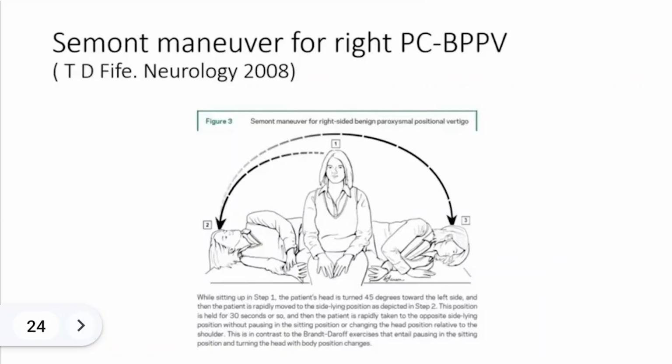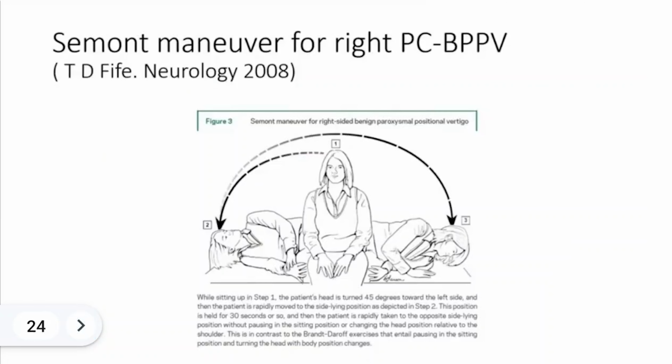The second manner is Semont's manner. This manner is very easy to remember because it consists of very minimal steps, and I'm explaining each step. Ask the patient to sit on the couch and turn the head to one side, lying on the ipsilateral side of the shoulder for 1 minute, so that the head is facing the ceiling.